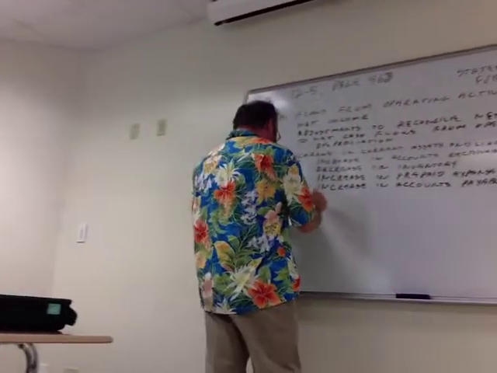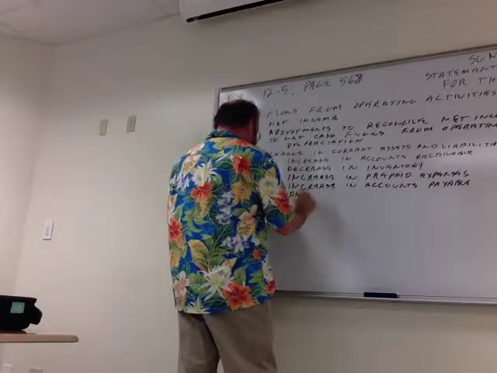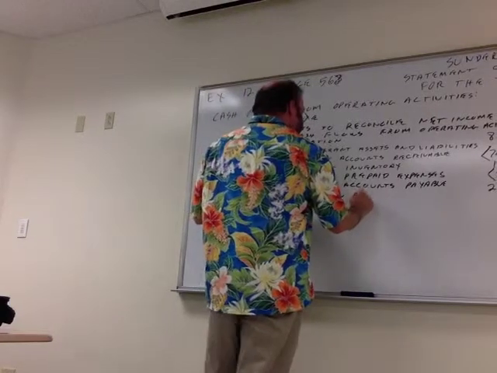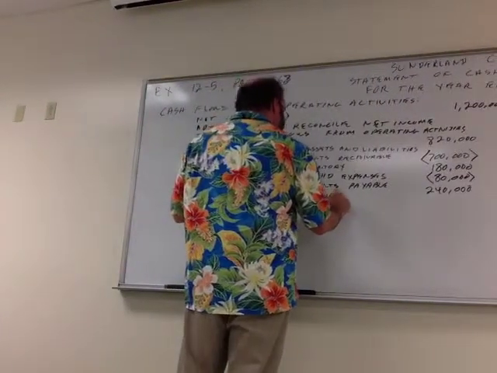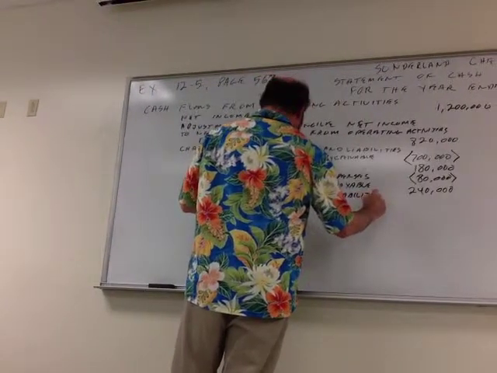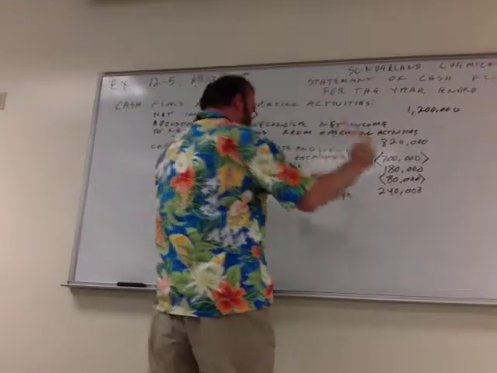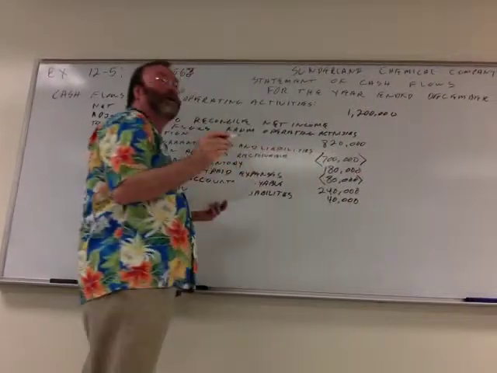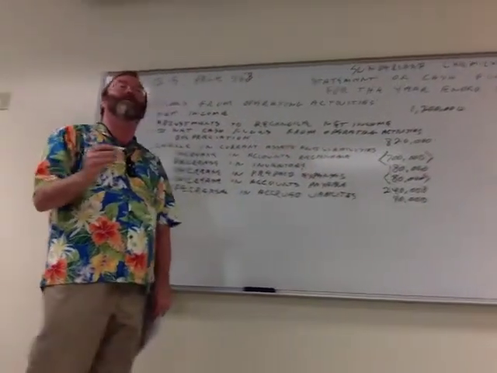Accrued liabilities. I won't recommend it for very long, but it will save you a little cash. Accrued liabilities went from 100,000 down to 60,000. We had a decrease in accrued liabilities. Why would it go up?